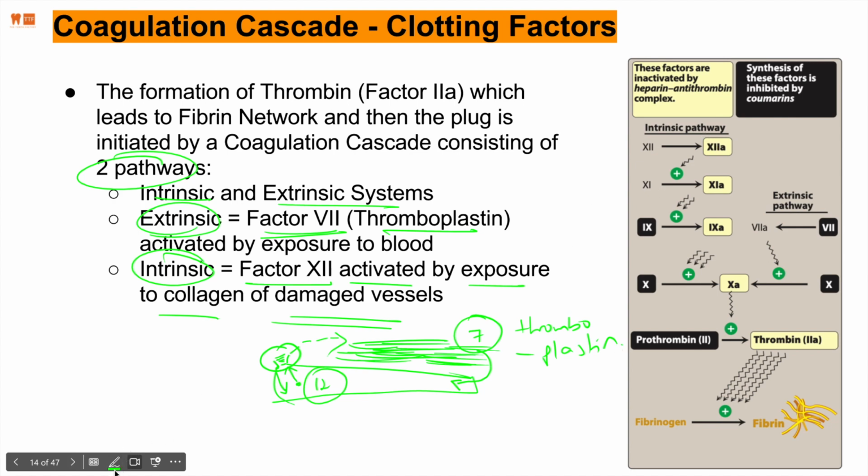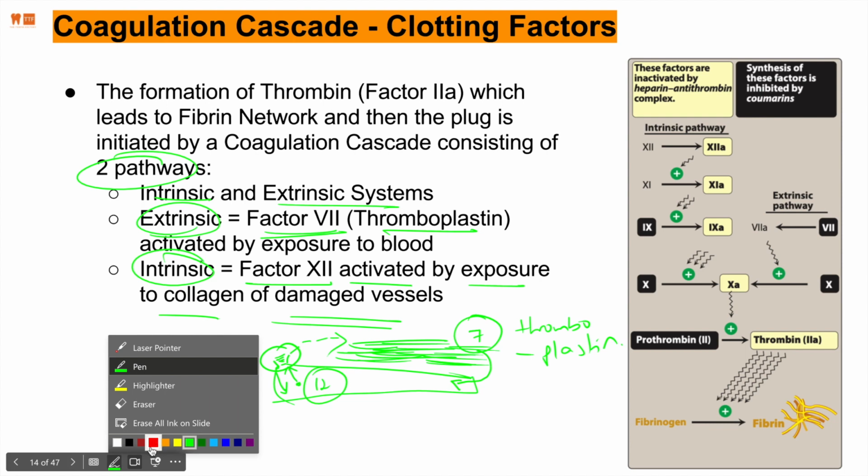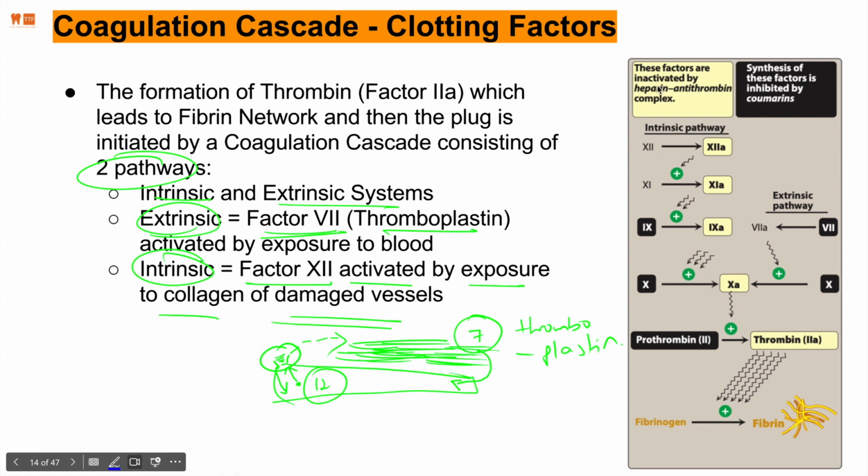Okay, let's take a look at this chart here. That way we can understand what numbers and factors go after one another. Okay, here we go. These factors are inactivated by the heparin antithrombin complex. Remember this because it will help us in the anticoagulation section. So heparin, antithrombin. You guys see how it says antithrombin?